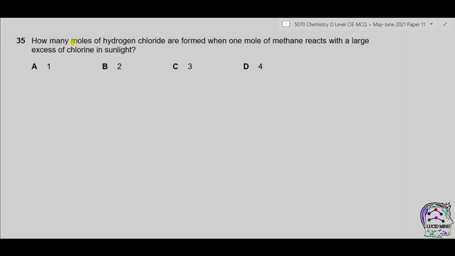Question 35. How many moles of hydrogen chloride are formed when 1 mole of methane reacts with large excess of chlorine in sunlight? This is a free radical reaction in which hydrogen atoms from methane are replaced by chlorine atoms.